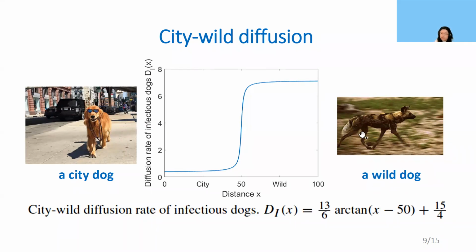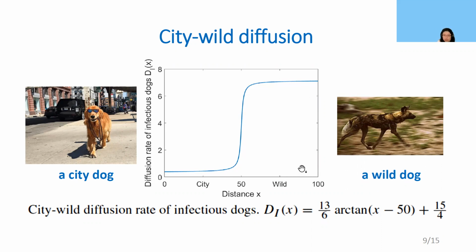So the diffusion rate of wild dogs should be much higher than that of city dogs. We assume the diffusion rate of city dogs is about 500 meters per year, and that of wild dogs is about 7 kilometers per year.